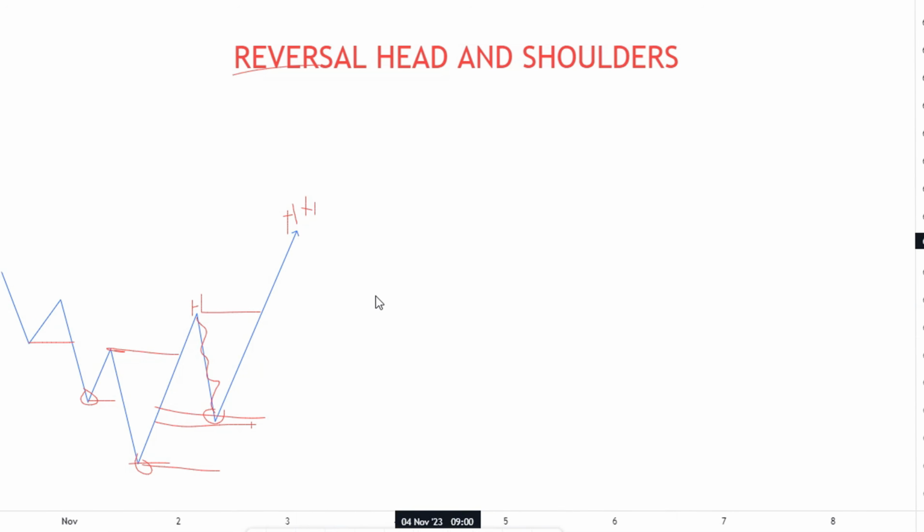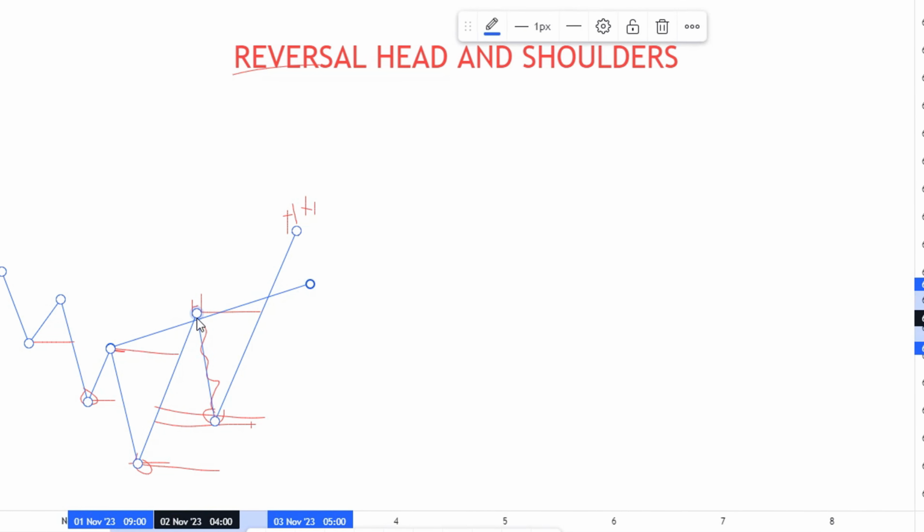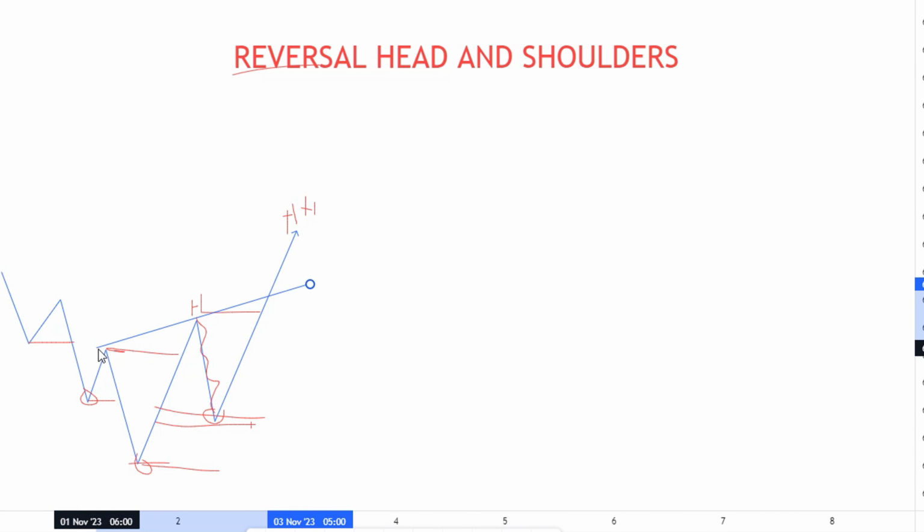So where is our neckline? A neckline is the combination of this place here and this here. So you just draw your trend line to mark the neckline, simple like this. So here we have our neckline.